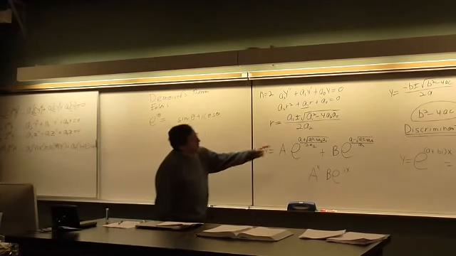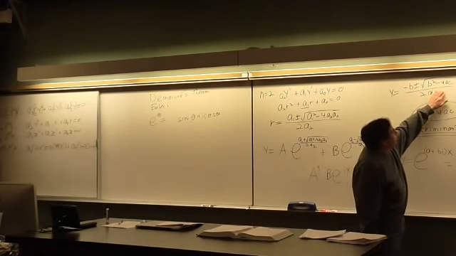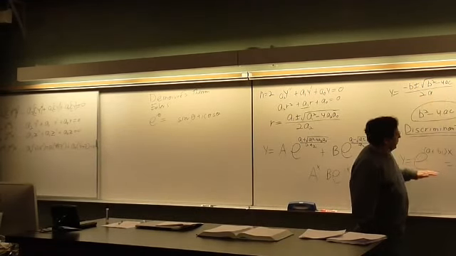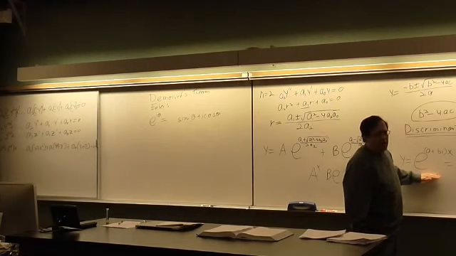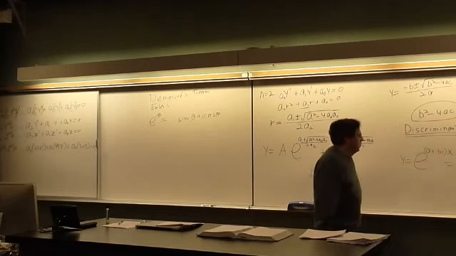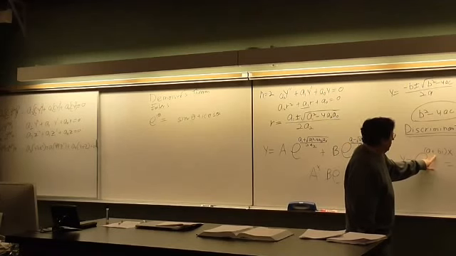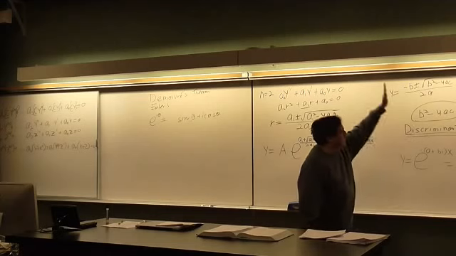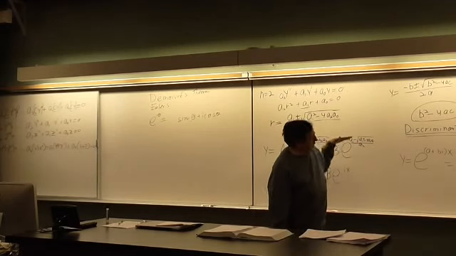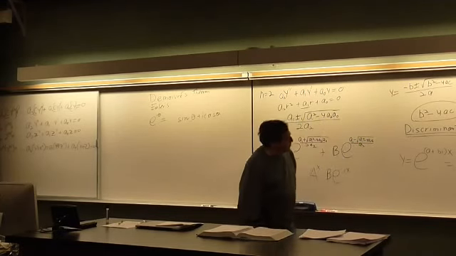So if the discriminant here is less than 0, you have a complex solution, but that's okay. It's just a sinusoidal solution, right? If it's not complex, it's either going to be an exponentially rising function or an exponentially falling function.